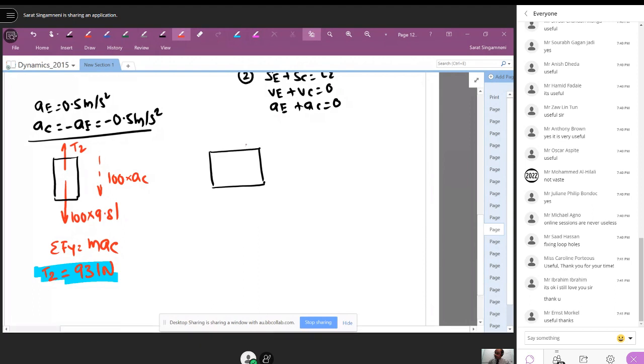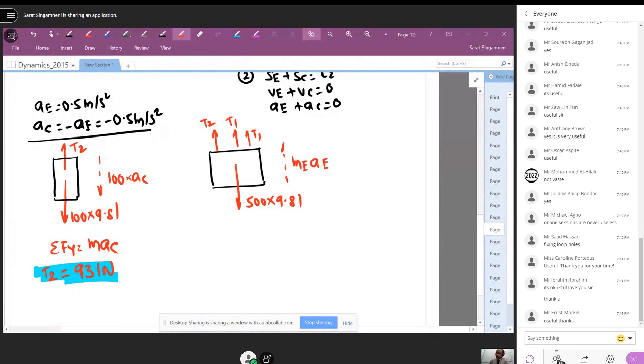Here you have two tension 1 ropes and one tension 2 rope, and the 500 times 9.81 is acting downwards, and it is going up with the mass times acceleration of e.